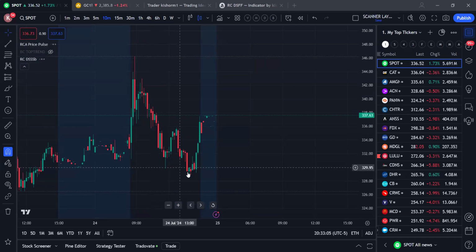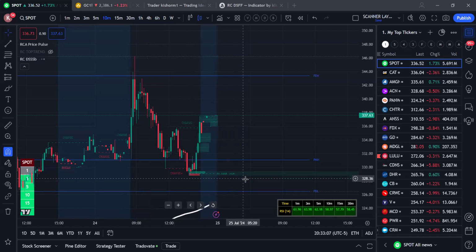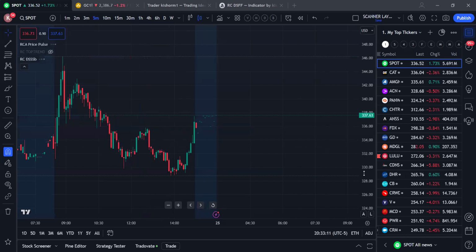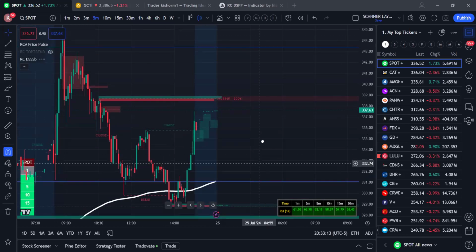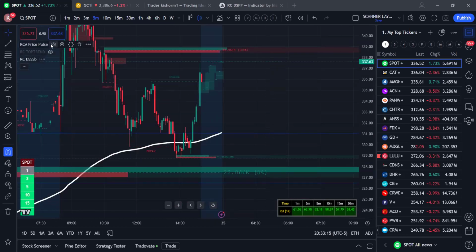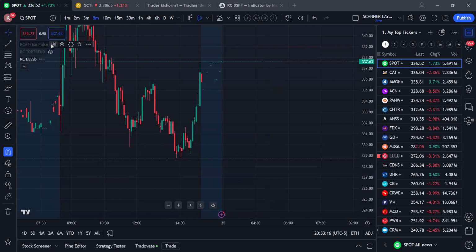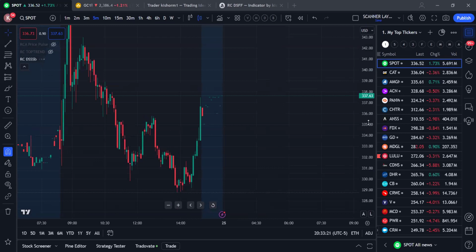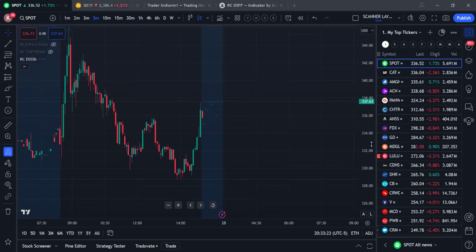That's what we did. When price came to the bottom, right, in the 5 minutes, right, price came to the discount area.